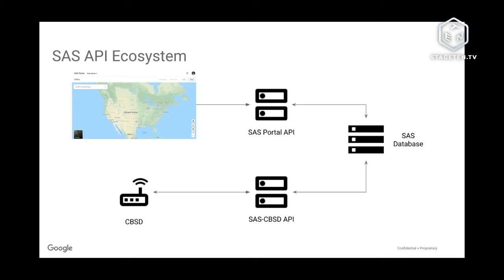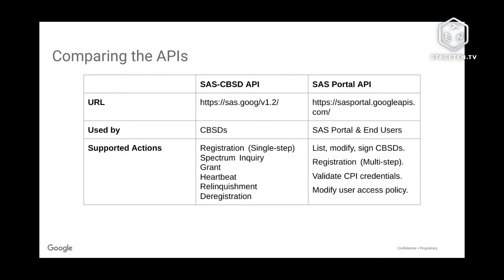And this is something that I think many customers aren't aware of, or they don't necessarily know what functionality they can take advantage of if they implement the SAS Portal API themselves. So I'm going to talk about some of the things that you can do with the SAS Portal API. So comparing these two APIs, let's start with the SAS-CBSD API.